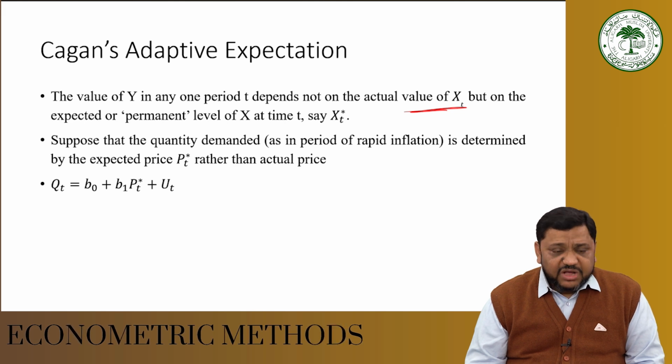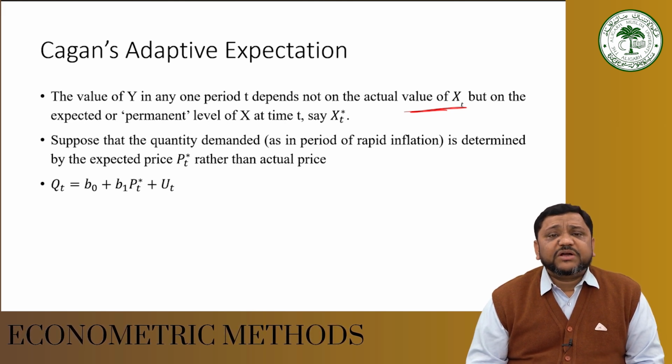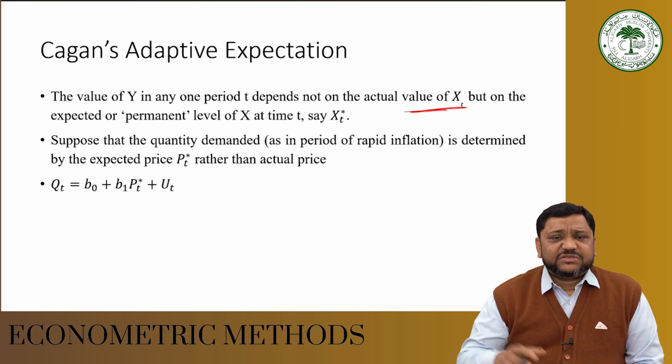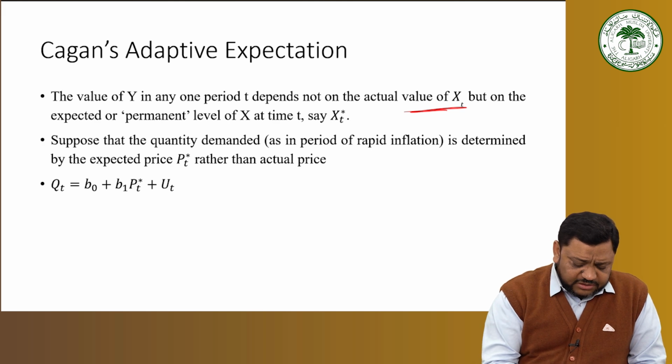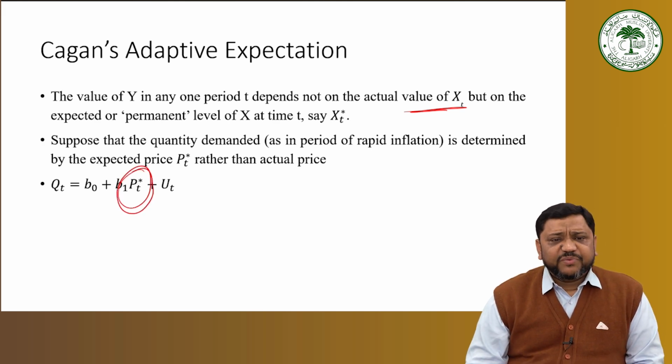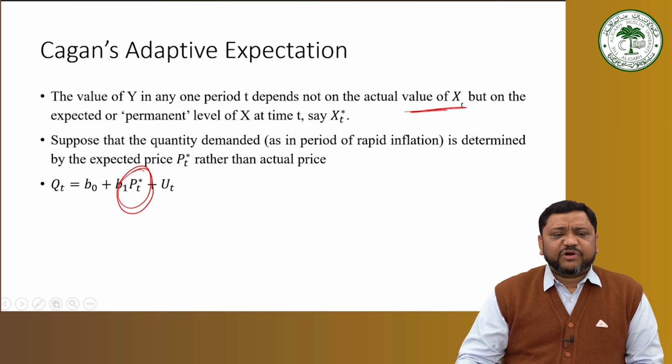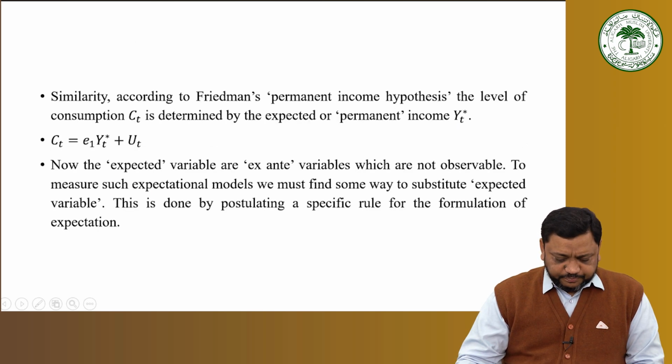As an example, suppose that the quantity demanded, in a period of inflation, is determined by the expected price rather than the actual price. So for quantity demanded, instead of P we take Pt asterisk, that is, the expectation of the prices, and it will determine the quantity demanded.